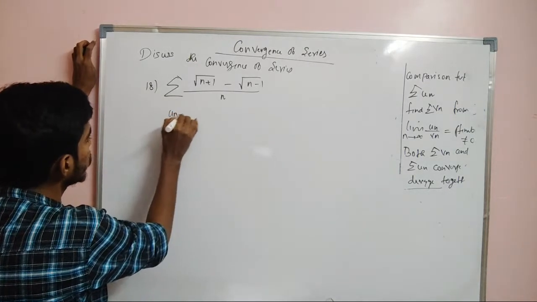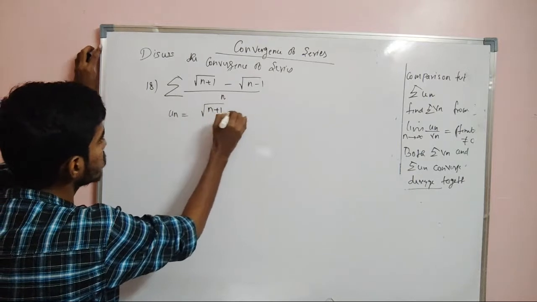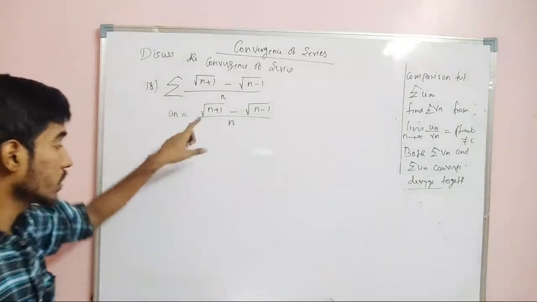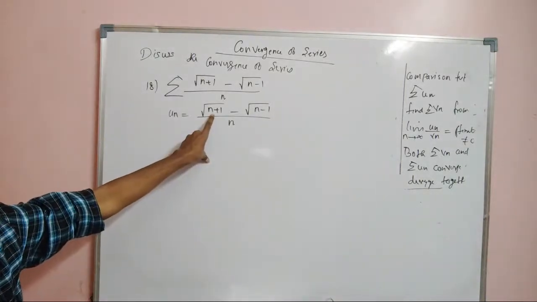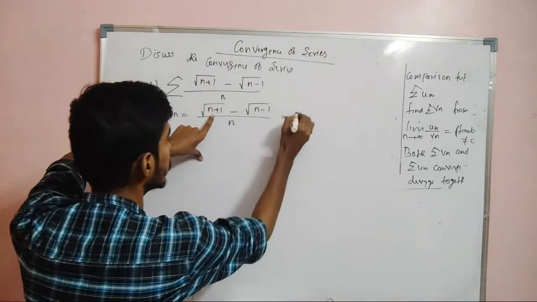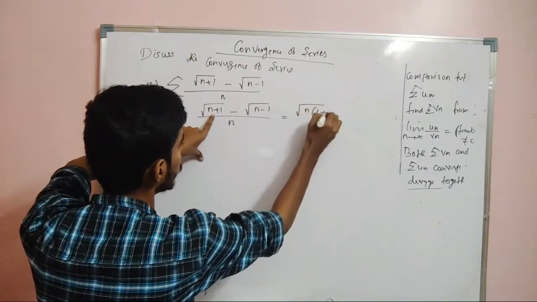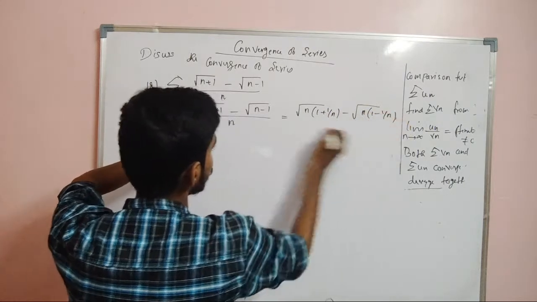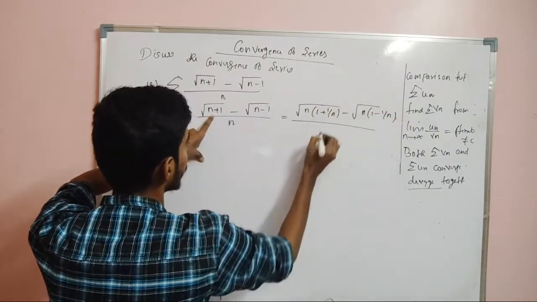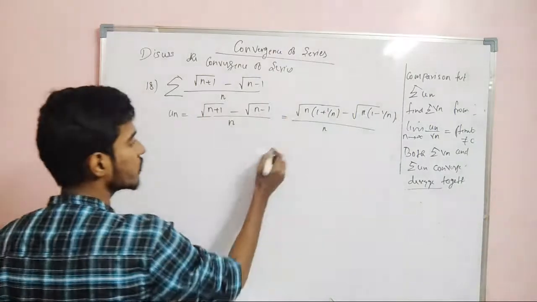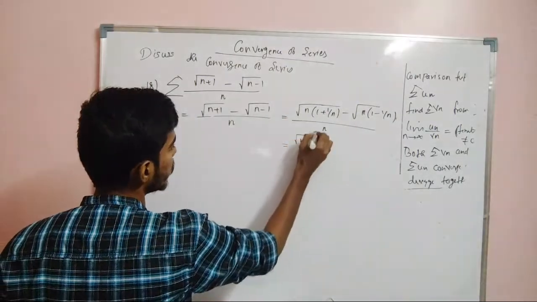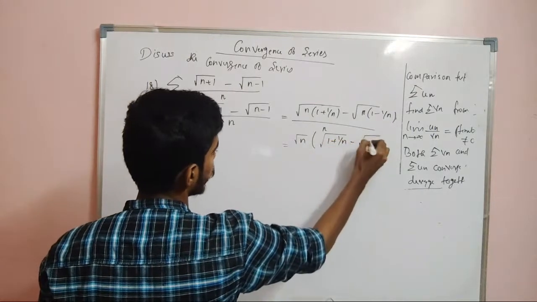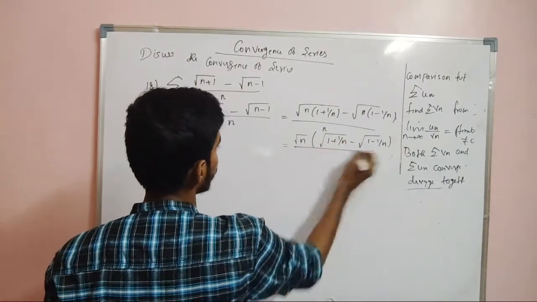Now let us take Un to be equal to square root of n plus 1 minus square root of n minus 1, divided by n. Now you just take n common here. So this will be square root of n into 1 plus 1 by n, minus, again taking n common, square root of 1 minus 1 by n, divided by n.